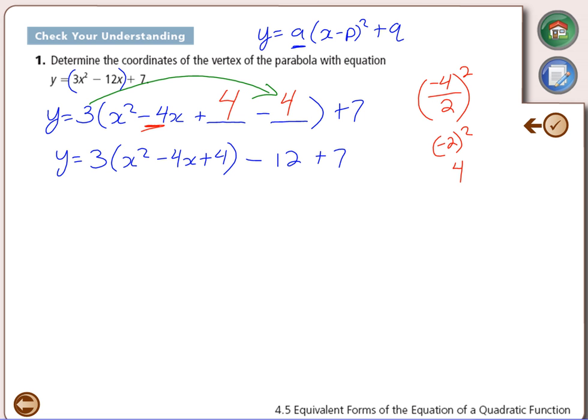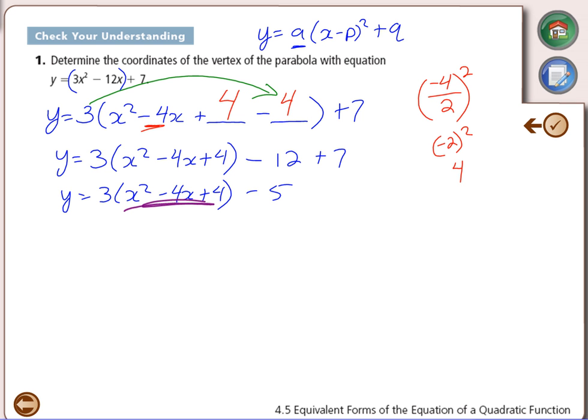And that minus 12 came by 3 times the 4. I can combine my terms on the end. -12 plus 7 gives me -5. And the last thing, I'm going to factor what's inside those brackets.